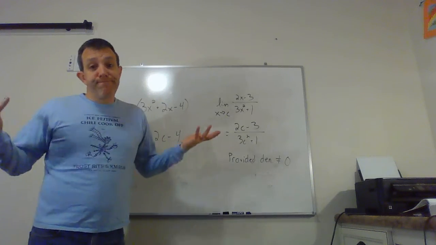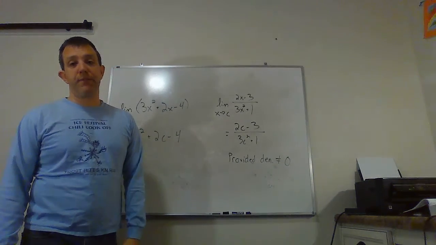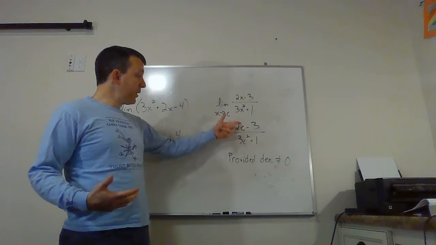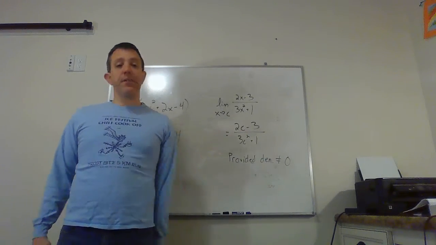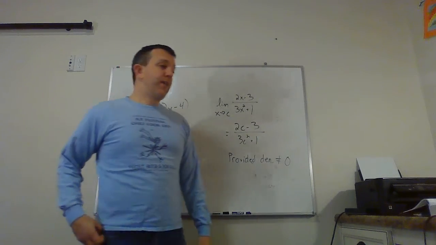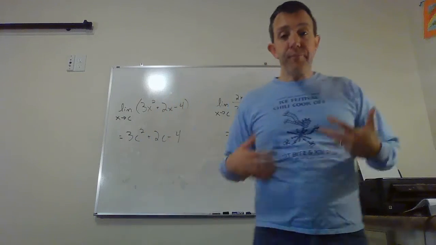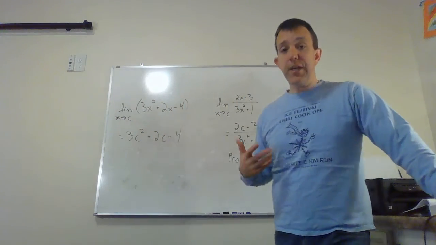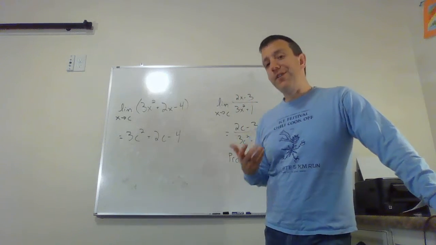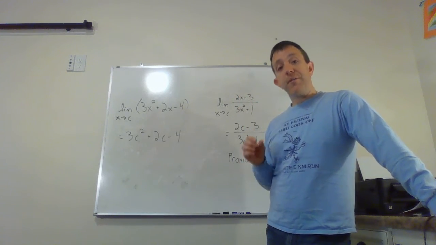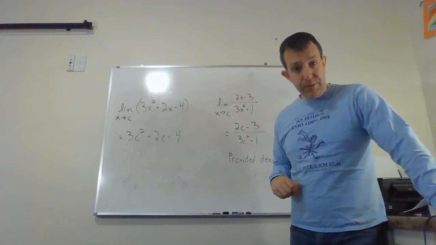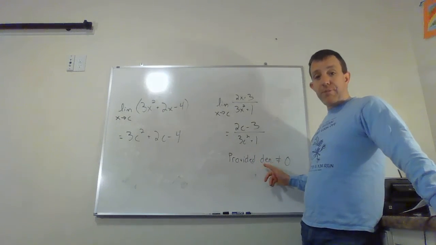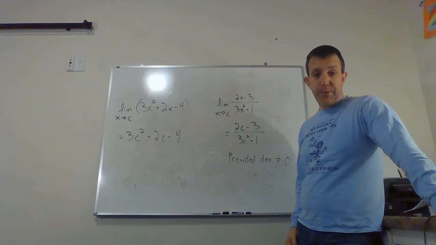We know all of this stuff, and so again, we can just plug in the c. That's another theorem that you'll find on page 62. So for either of these, polynomials or rational functions, if you want to take their limits, you just have to plug in the number. Now there is a little caveat with the rational function: it only works provided that the denominator is not 0.